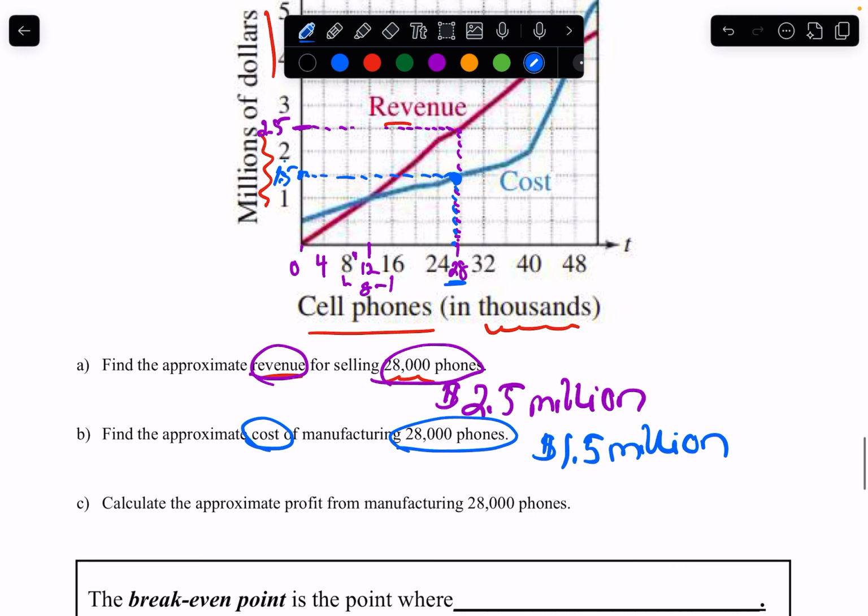Next, we're going to calculate the approximate profit from manufacturing 28,000 phones. So we're going to take the revenue, 2.5 million, minus the cost, 1.5 million, and we get our profit, which is $1 million.